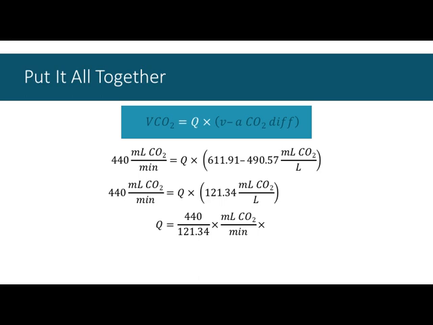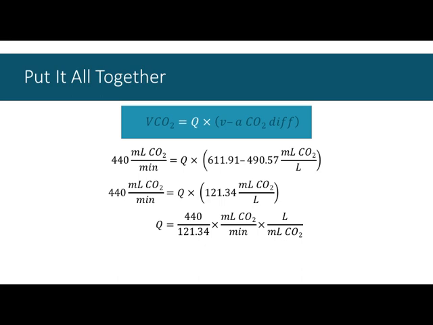And I want to divide by mils of CO2 per liter of blood. If you divide by a fraction, if you think back to grade 9 algebra, you multiply by its inverse. So dividing by mils of CO2 per liter is the same as multiplying by its inverse, liters of blood per mil of CO2.